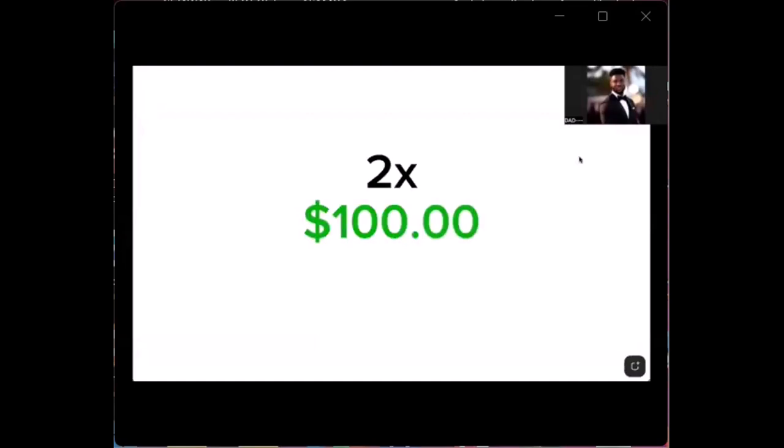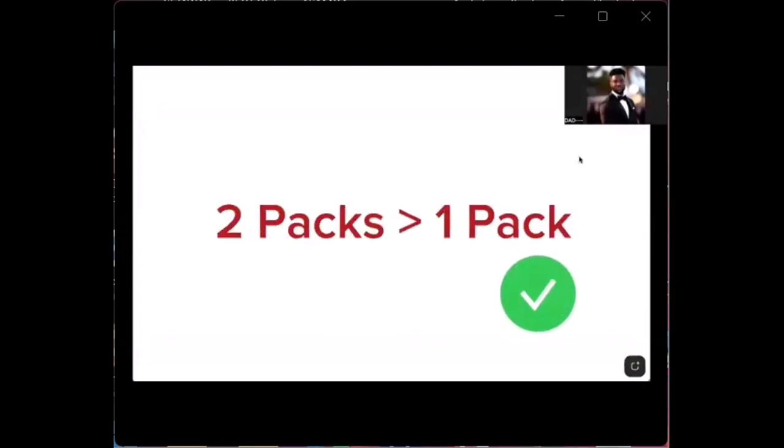Now, let's look at the situation where you decide to compound your earnings. Whenever you reach $50 in earnings, you can choose to purchase an additional pack to maximize your profits. 2 packs are better than 1, right? That additional pack will also produce 2x your investment.